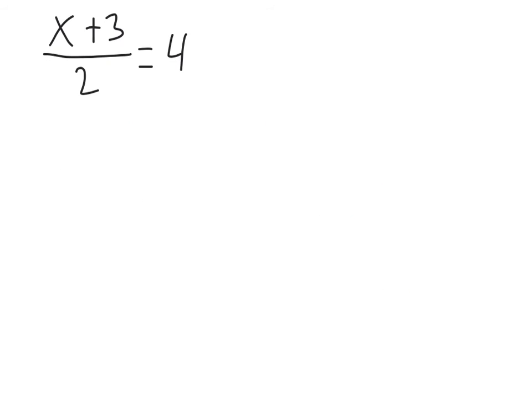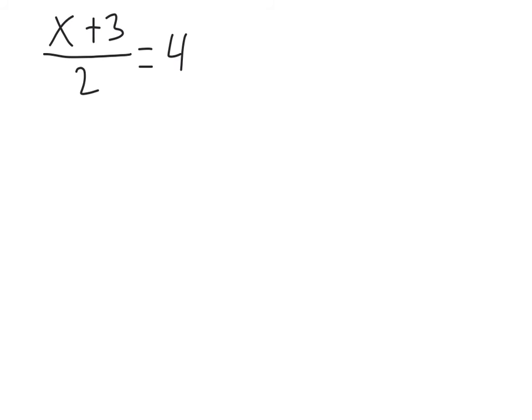Alright, one more example here. So, we have x plus 3 all being divided by 2, and that equals 4. So, when an entire expression is being divided by a number, that's the thing we have to undo first, is the division.